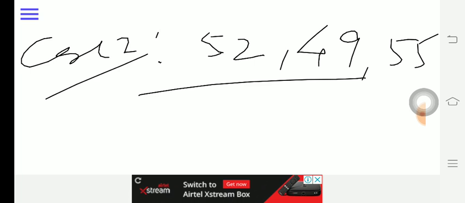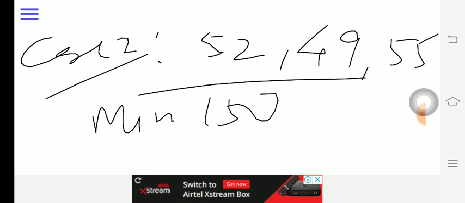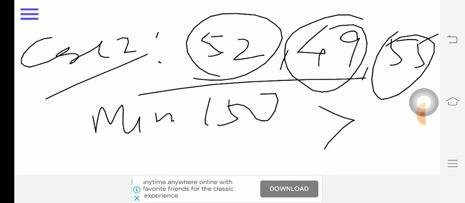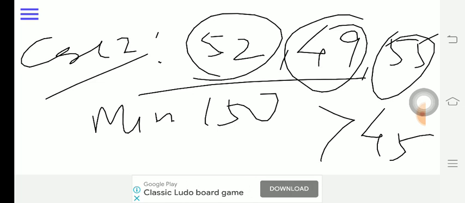Again you will find that the aggregate marks in total is minimum 150, and each individual subject is greater than 45. It means you are pass.